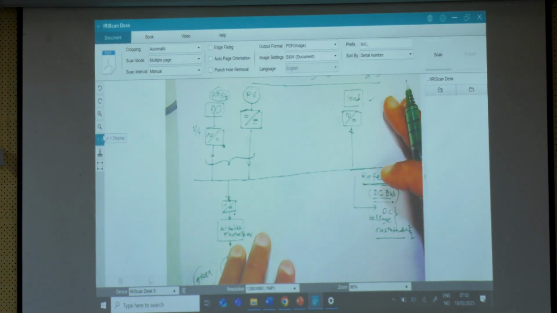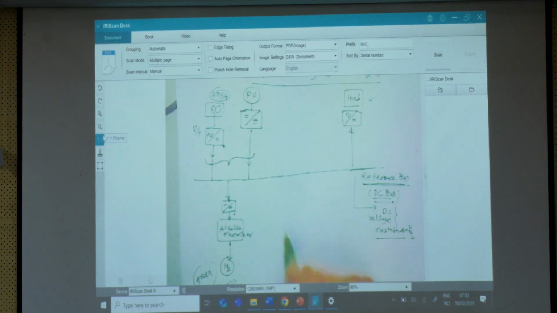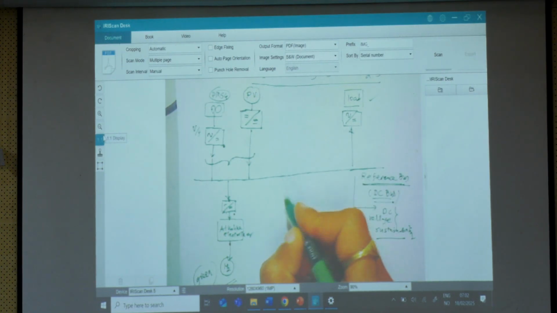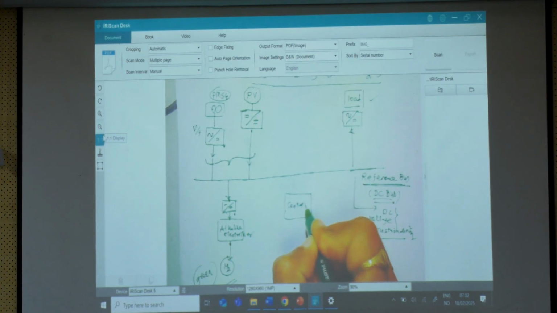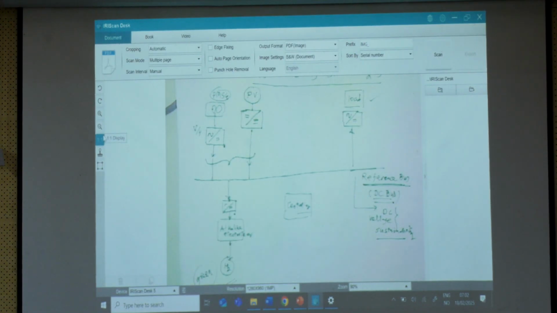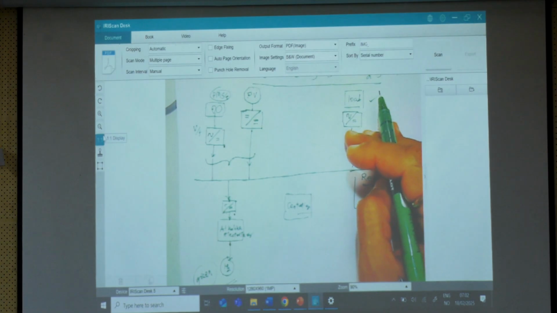Now, to do this autonomous operation, that was the objective, we need some control system or controller here, because all the time we cannot continuously supply, as we have the load here also.